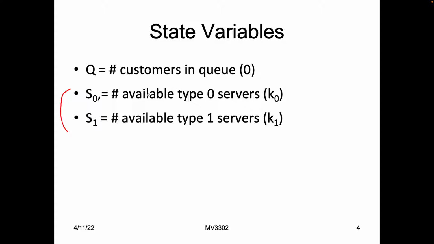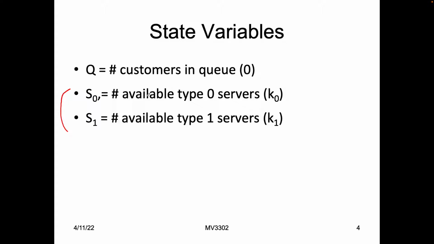And again, motivated by the same thing, we are certainly tempted to do this as well. If there's a server of type 1 available, we'll schedule a start service of type 1. Which, if we're just going from the multiple server queue, kind of makes sense.